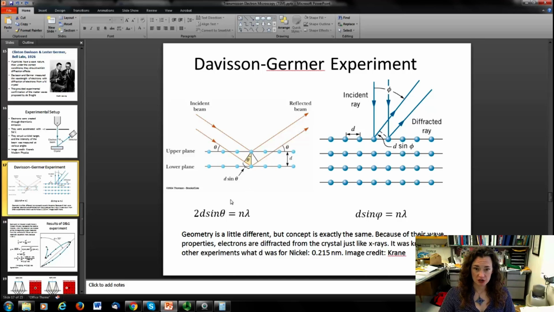But although the geometry changes the formula a little bit, the idea is still there and very concrete. And so they predicted what the maximum intensity of the diffraction beam should be based upon the wavelength postulated from de Broglie's theory using the equation d sine phi is equal to n lambda. And then they knew what the crystalline lattice spacing in nickel was, 0.215 nanometers, so that allowed them to predict what the diffraction angle should be.